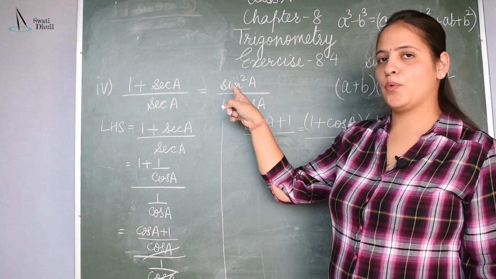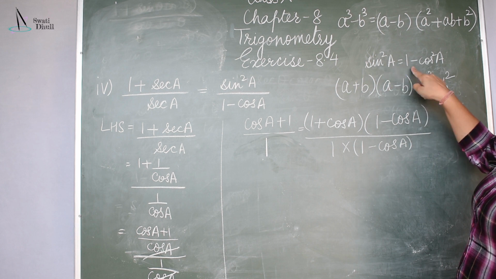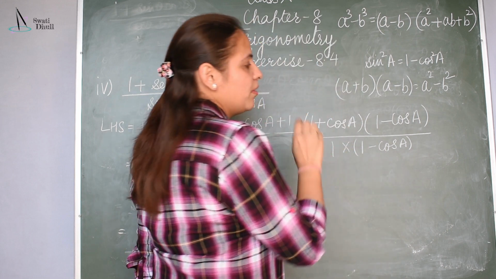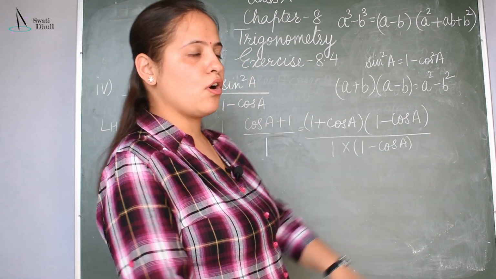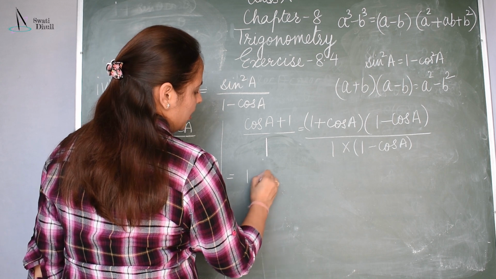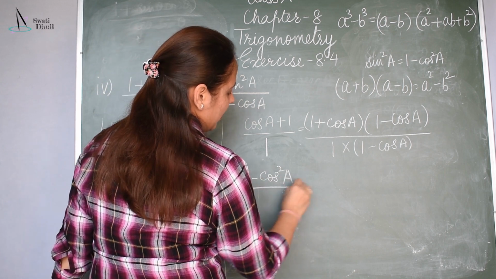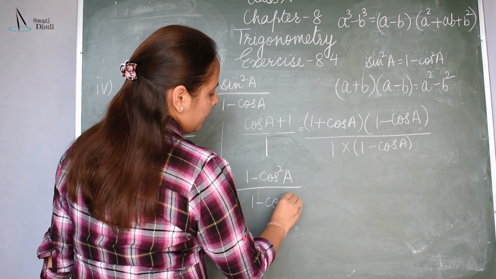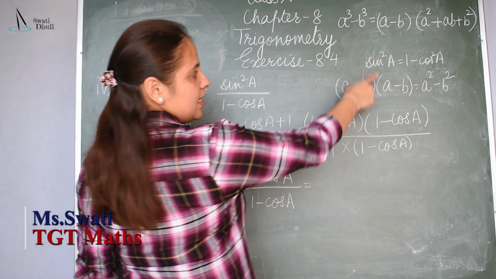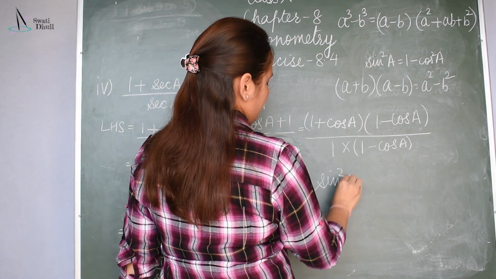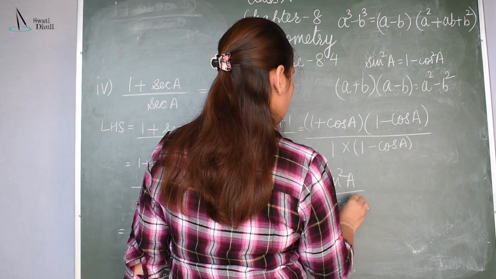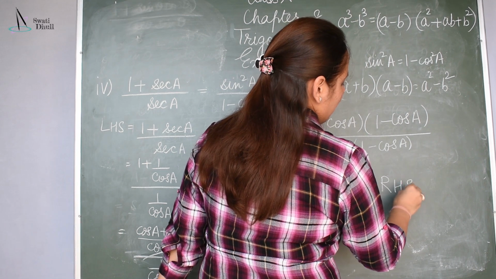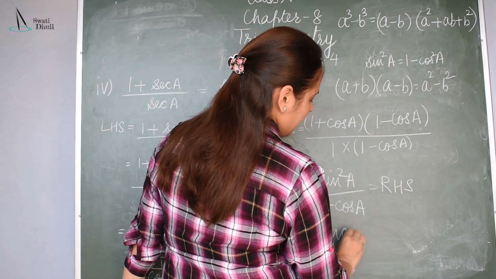Because we need sine square A, which can be done by 1 minus cos square A, we have to use this identity here. So we multiply numerator and denominator by 1 minus cos A. This will become 1 minus cos square A divided by, when this is multiplied by 1, you will get 1 minus cos A. So 1 minus cos square A is sine square A divided by 1 minus cos A. And this was your RHS, that is, left hand side equal to right hand side, hence proved.